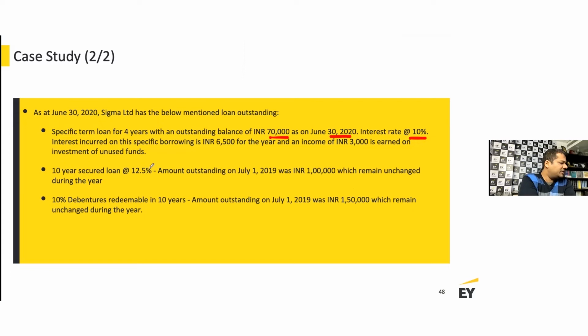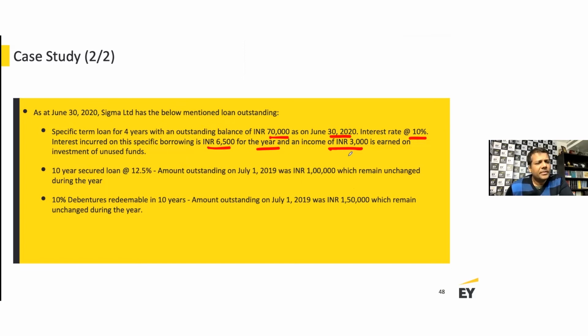Interest on this specific borrowing is INR 6,500 for the year, and an income of INR 3,000 is earned on investment of unused funds. So I started spending at the beginning of the year. I've got this specific loan of 70,000, and I'm paying interest.